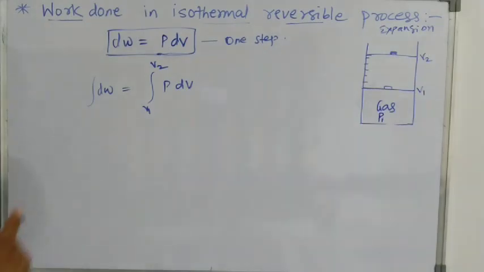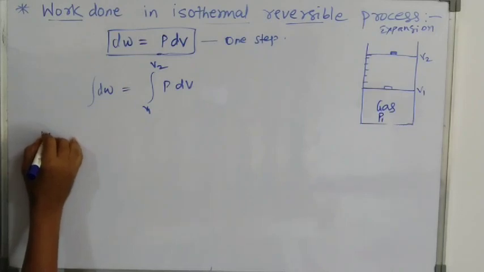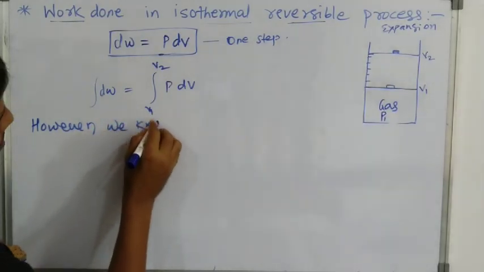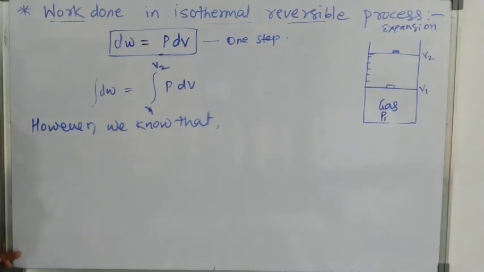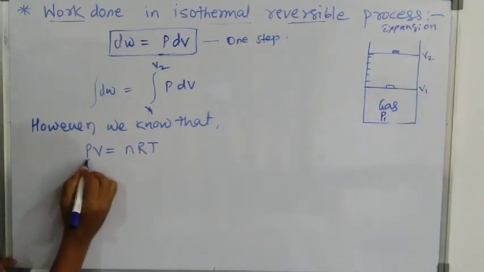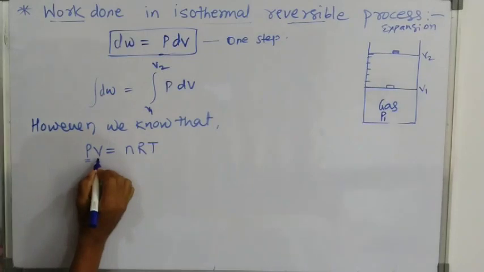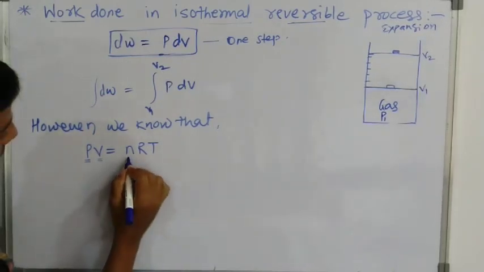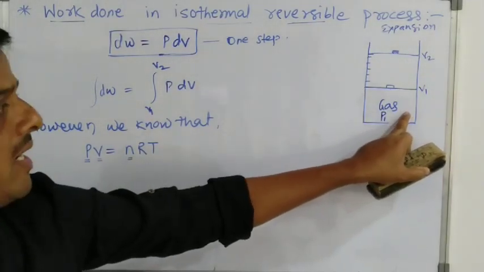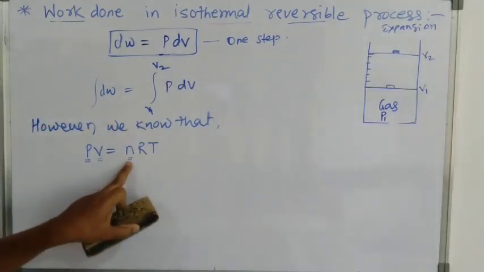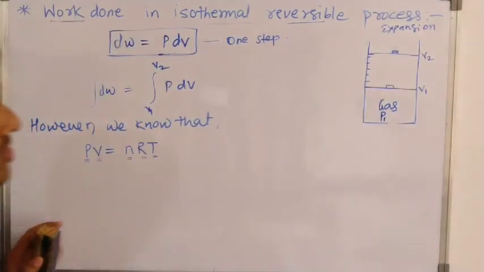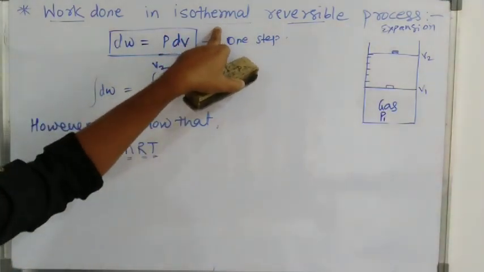Now, however, we know the ideal gas equation, PV is equal to nRT, where P is the pressure of the gas, V is the volume of the gas, n is the number of moles of gas, how much quantity of gas is taken expressed in terms of number of moles, R is the gas constant and T is the temperature of the gas, which is going to be constant since the process is isothermal.